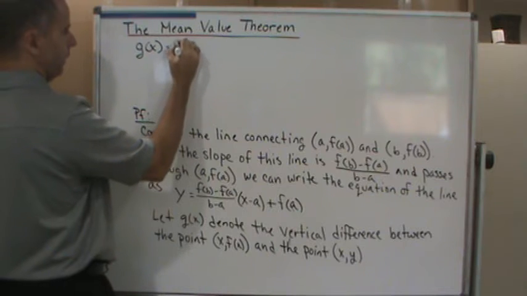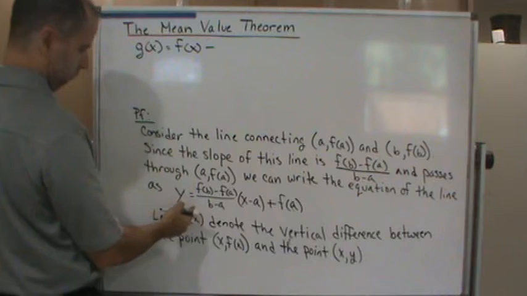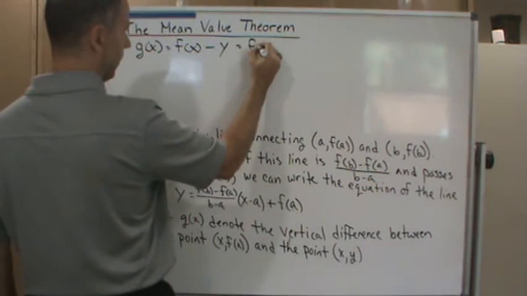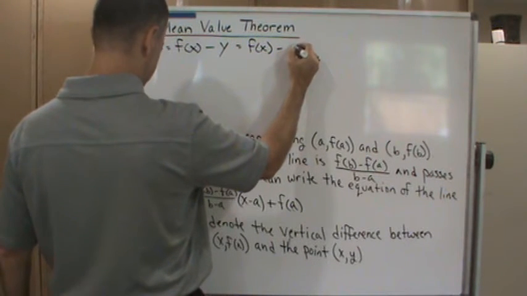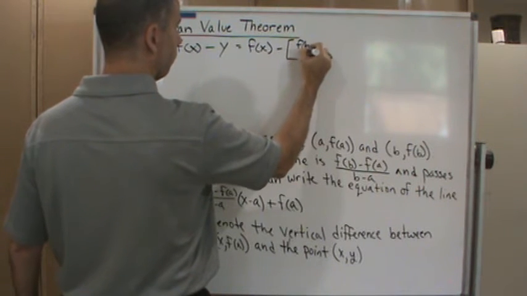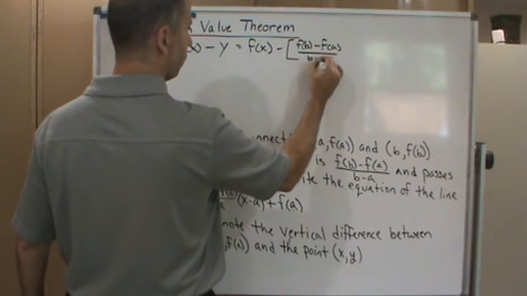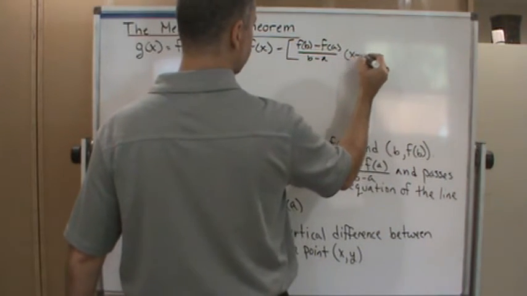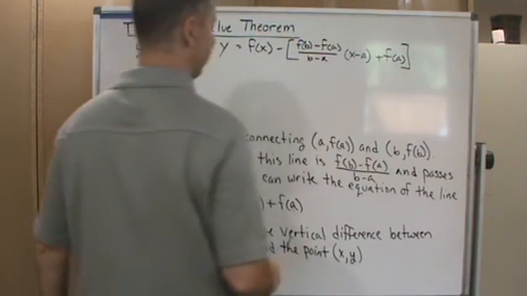It's going to be f of x minus y, which is f of x minus f of b minus f of a over b minus a times x minus a, plus f of a. Okay?